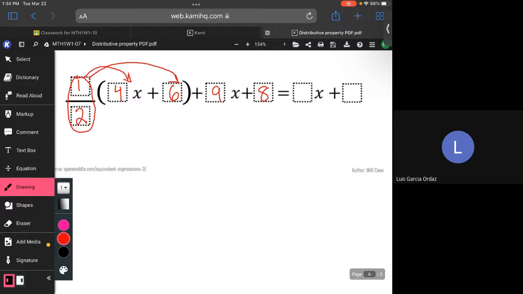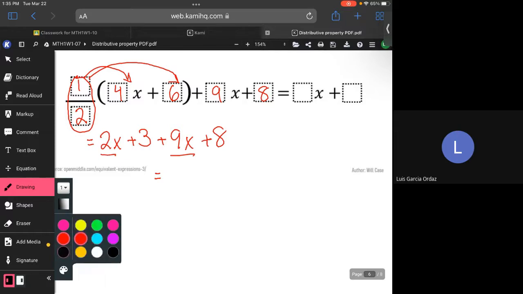Okay, Gian, what do you get when you expand that 1/2 into the bracket? Plus 9x plus 8. Now we have to collect my like terms. So what's my first pair of like terms? So we have 2x plus 3 plus 9x plus 8. What's my first set of like terms? Adam. Yep. And what's my second pair?